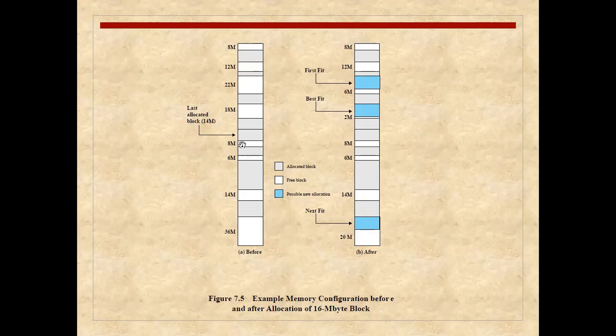Here you get 8 MB, you cannot accommodate. 6 MB, you cannot accommodate. 14 MB, you cannot accommodate. 36 MB, this size is bigger than the process size, so you can accommodate your process here, and 20 MB will be your wastage. If you did not have 36 MB here, then you would have to search again from the top.